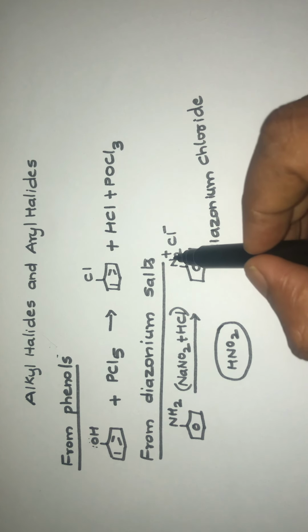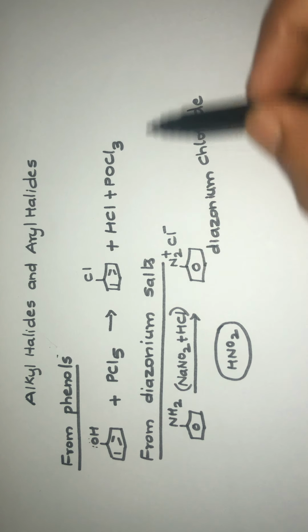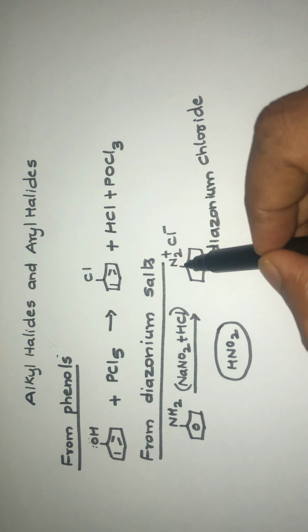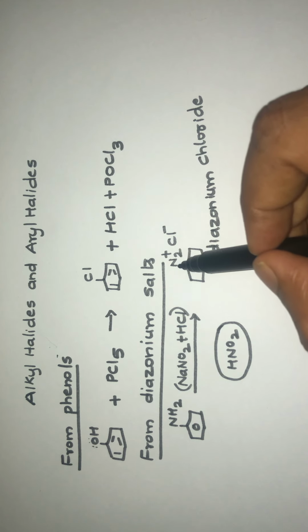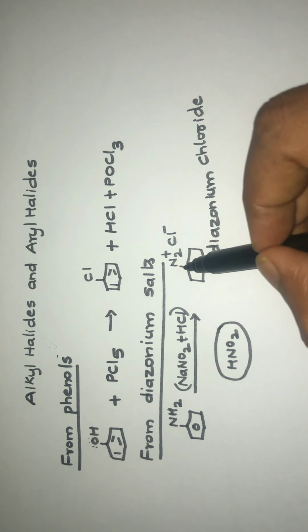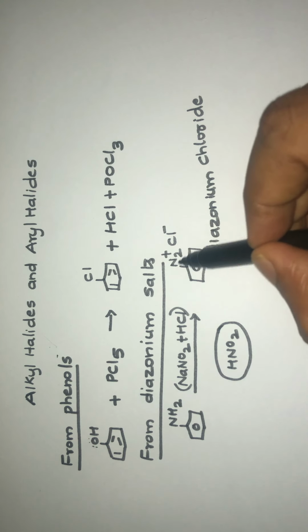This diazonium salt can be substituted easily. A nucleophile can easily attack this carbon because the nitrogen is positively charged and pulls electrons towards itself. As a result, this carbon acquires a positive charge, and the attack results in the displacement of a stable nitrogen molecule.